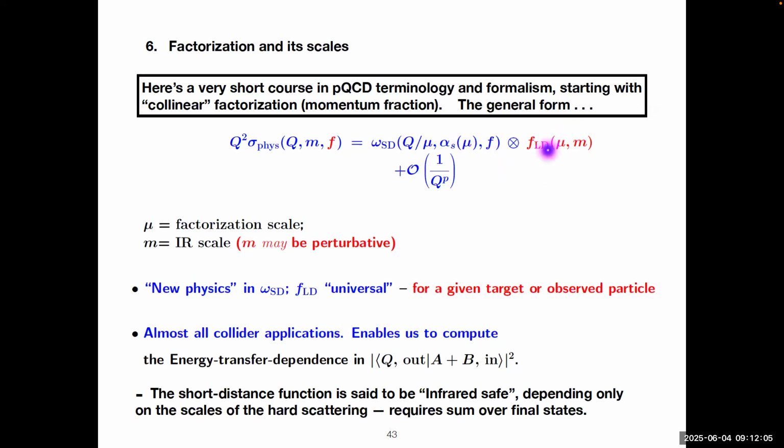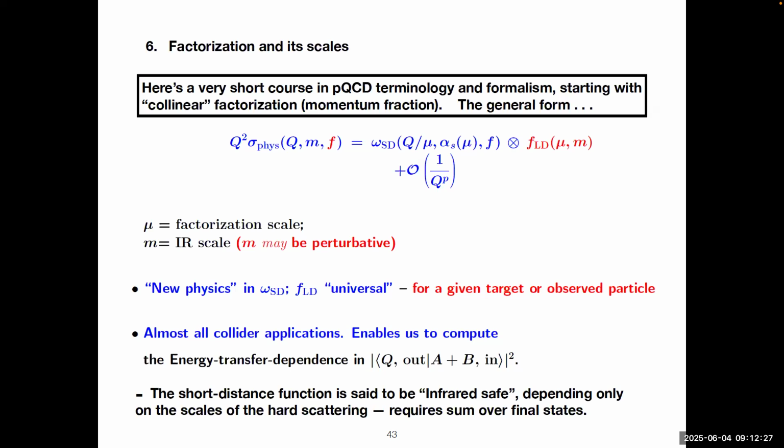And then we have the scale M. M is really lambda QCD in the language of quantum field theory. It's a scale in which the strong coupling becomes large, but more generally, it's just an intrinsic scale of the theory, which the theory picks up. And it could also include the masses of light quarks.